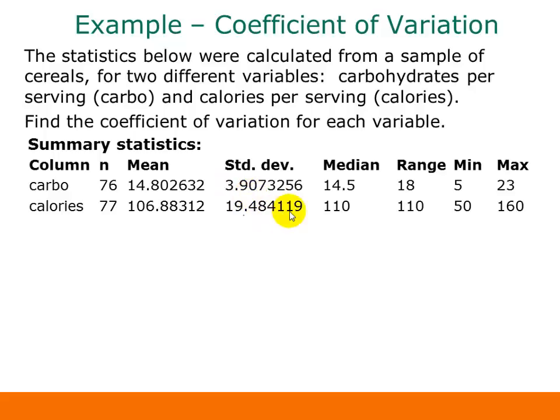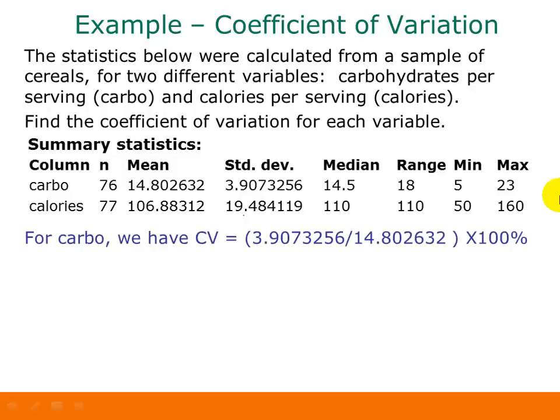But what we're going to do here is look at that standard deviation as a percentage of the mean, which will let us compare the two much better. So our coefficient of variation for carbo is our standard deviation divided by our mean times 100%, which gives us 26.4%.